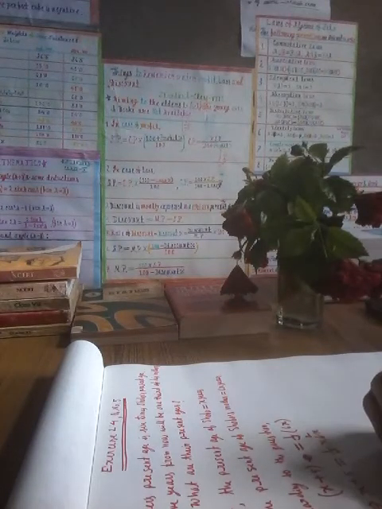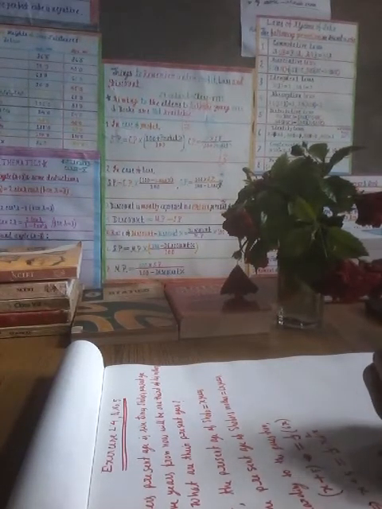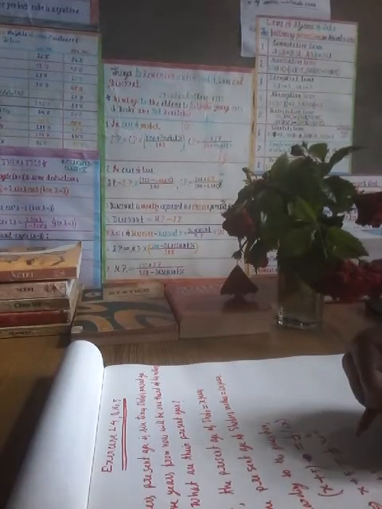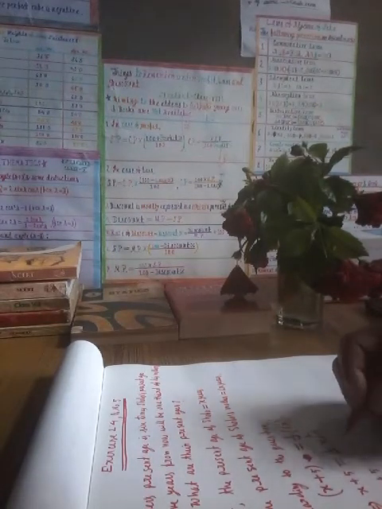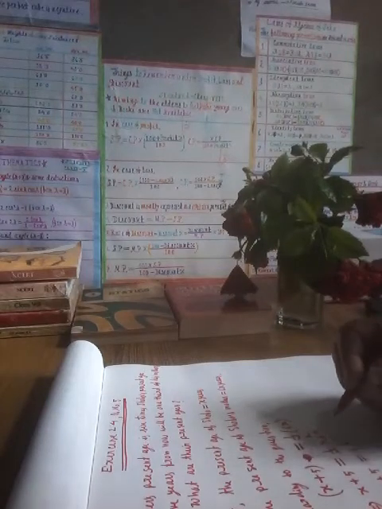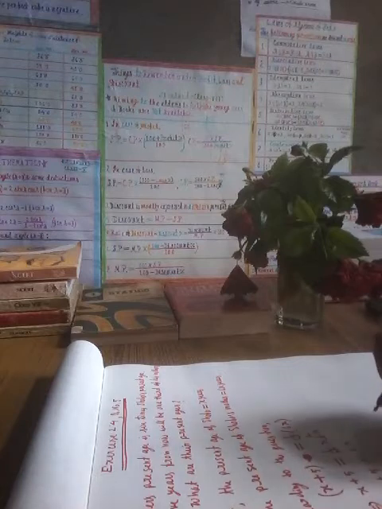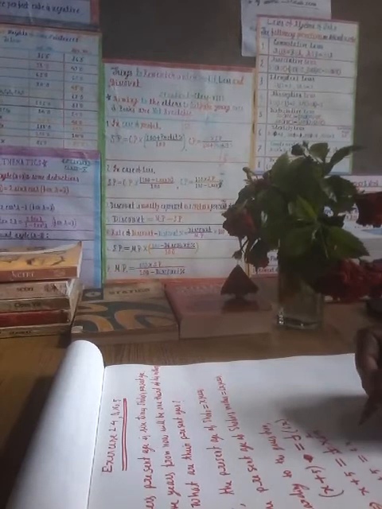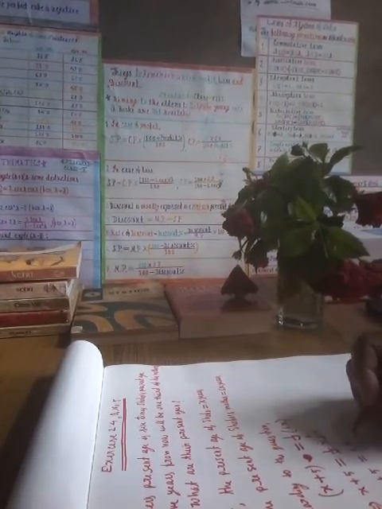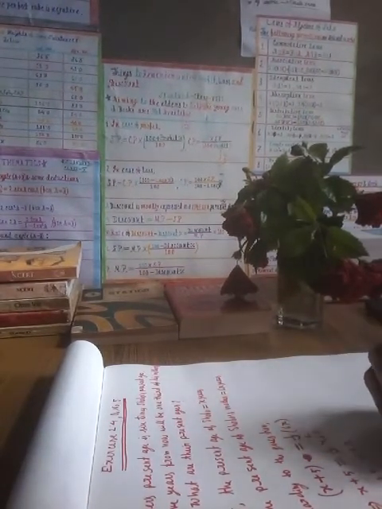This implies x plus 5 is equal to 2x. Therefore, if we transpose this x to the right hand side, you will get x is equal to 5.